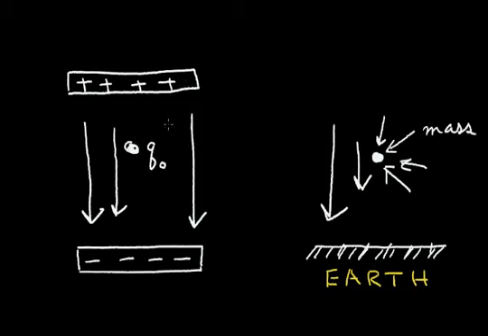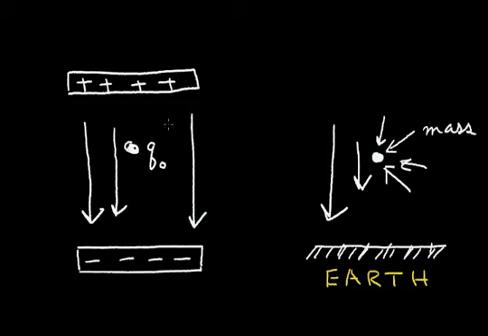So if we write an equation for this electric field, I'll call it E for electric field. This electric field is equal to the force on this small charge Q0. Force is in units of newtons, and charge is in units of coulombs.